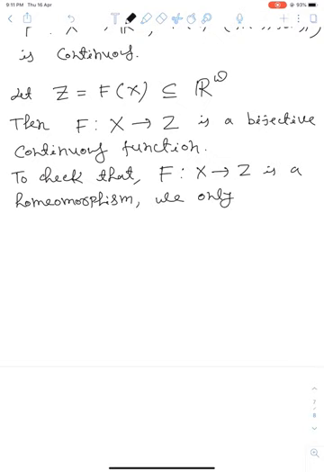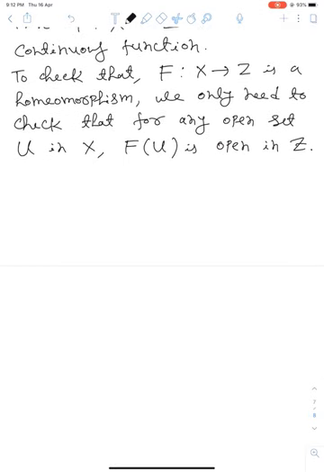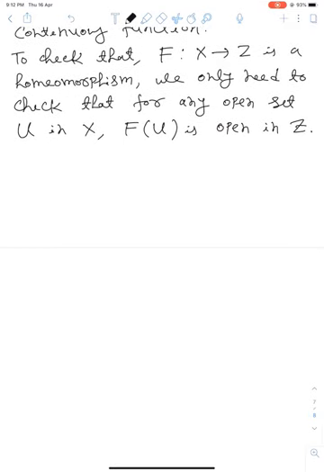We only need to check that for any open set U in X, f(U) is open in Z. So suppose U is an open set in X; we need to prove that f(U) is open in Z. So let some point z0 belong to f(U).